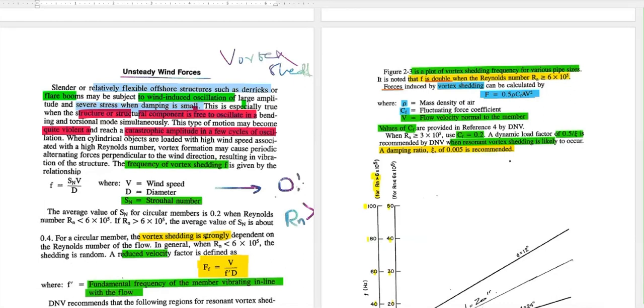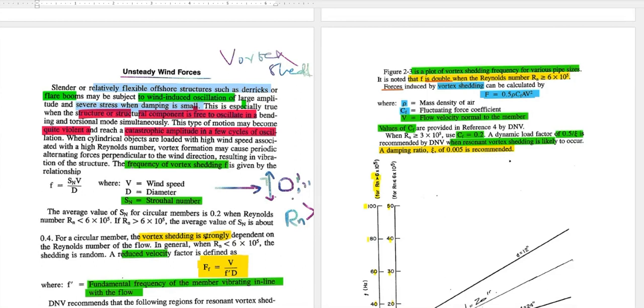Vortex formation means vortices behind this member, which may cause periodic alternating forces perpendicular to the wind direction. So it can oscillate like this, perpendicular to the wind direction.